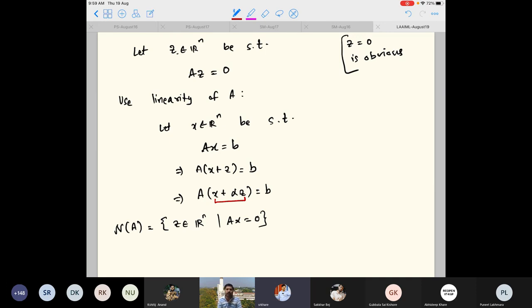So I really do not need to take alpha once I define the null space, because if z is in the null space, then alpha z obviously is in the null space, right? So that's what I have done. So any particular solution plus N(A) is the set of all solutions.